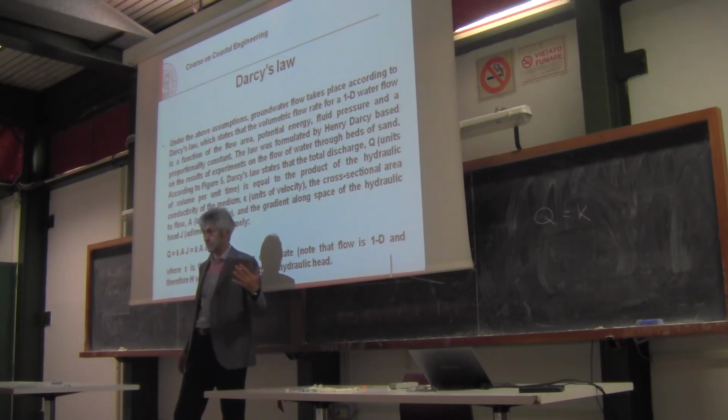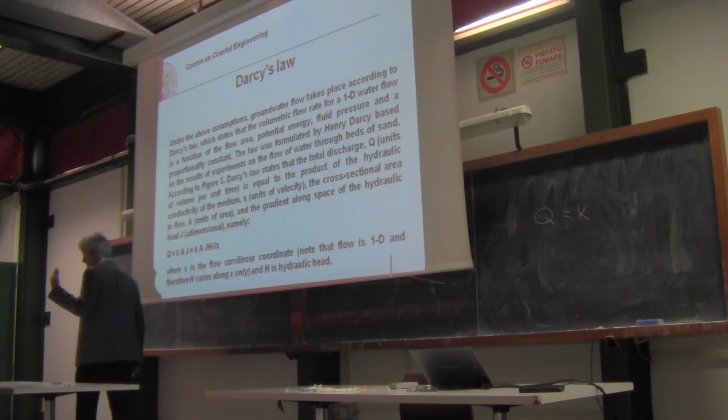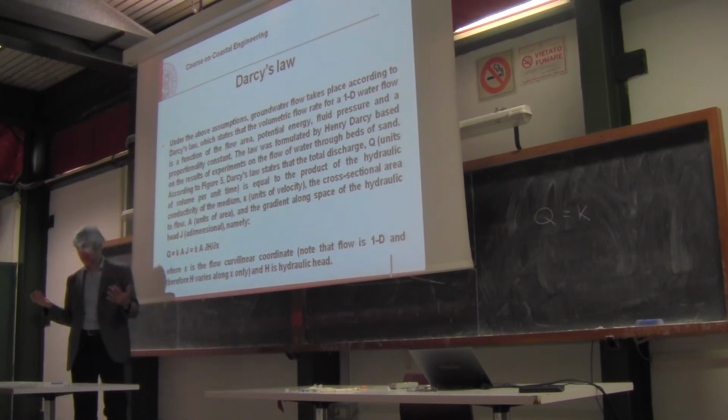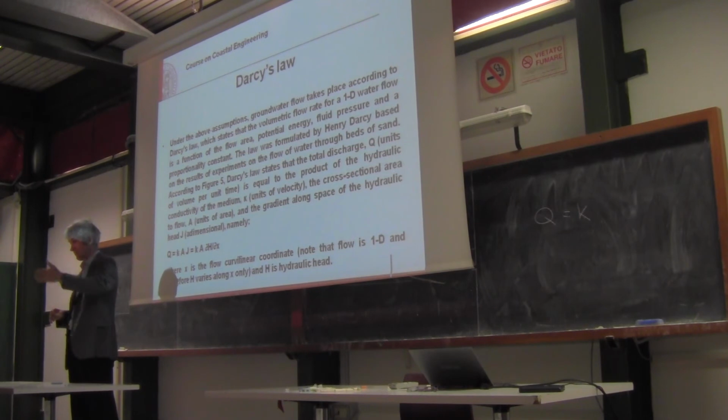So what tells us Darcy's law? Tells us what I already anticipated, that to have a flow from the land to the sea, we have to observe a water table decreasing in altitude from the land to the sea.